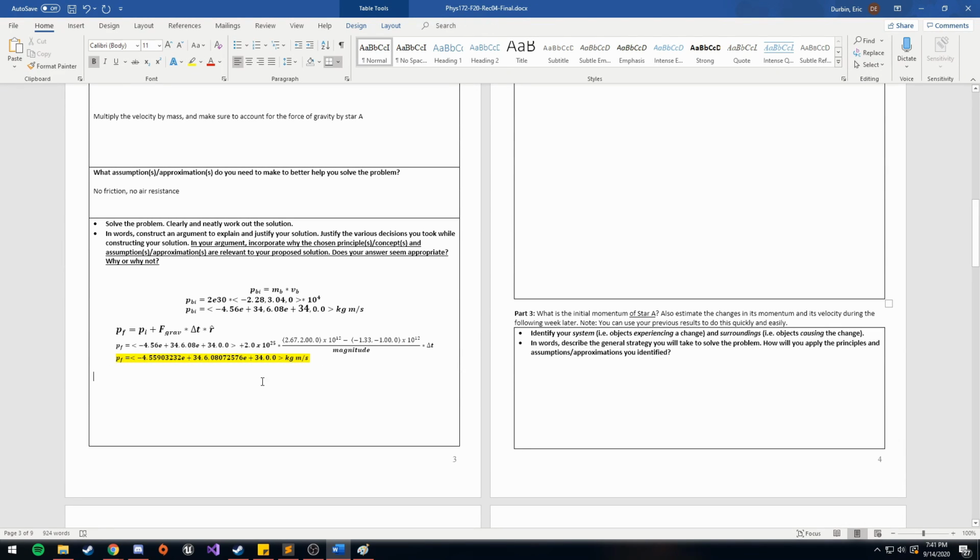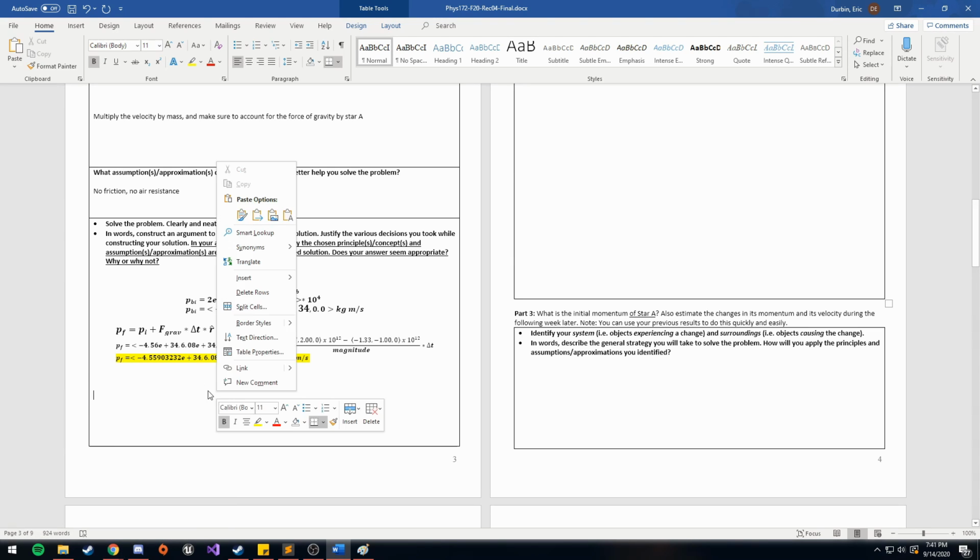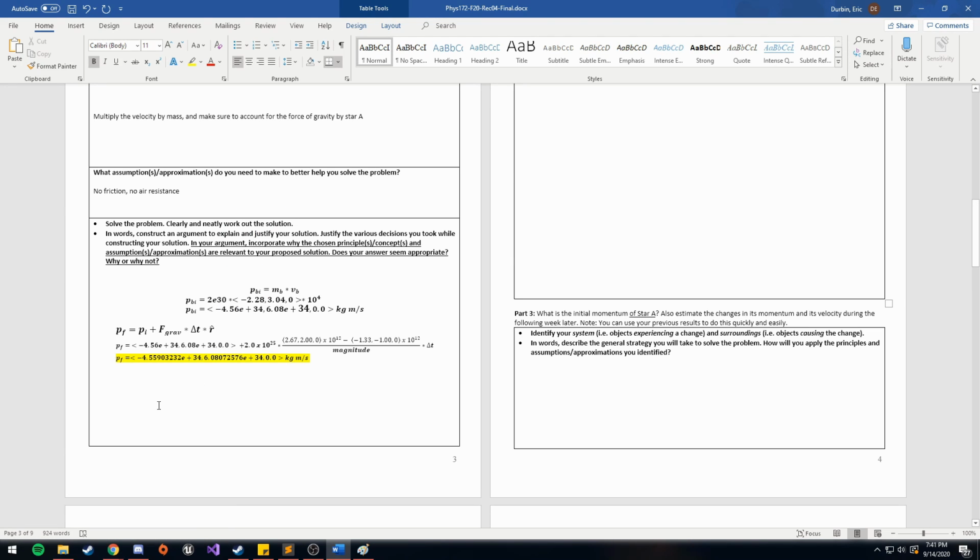What did you guys get for the final velocity, or momentum? Minus 4.559. And you got 6.0807? Okay, both times 10 to the 34th though.